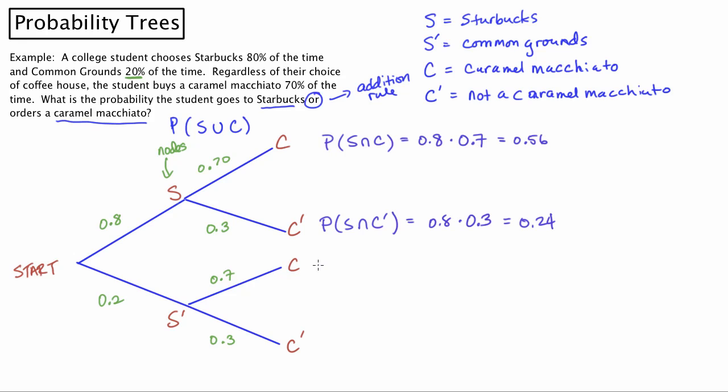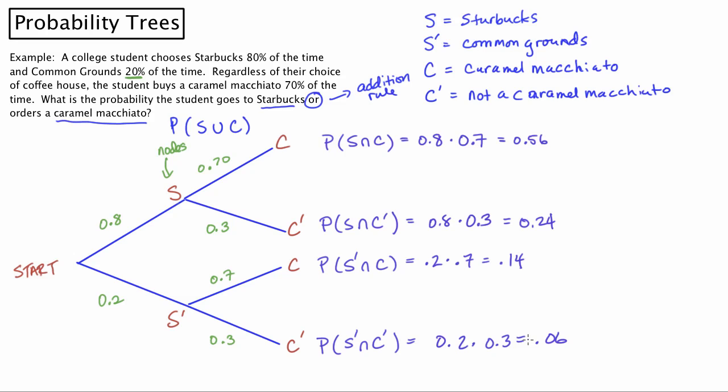Next is 0.2 times 0.7, which is not S and C. And that occurs 0.2 times 0.7 of the time, which is 0.14. And then finally, the last one here is not S and not C. And this occurs a very small percent of the time, only 0.06 or 6% of the time.